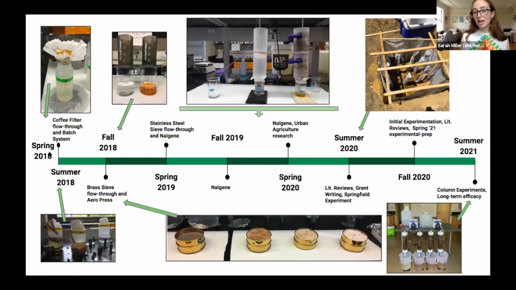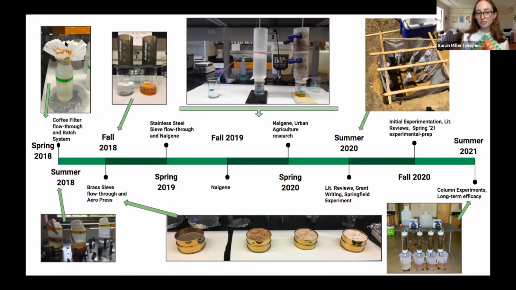This is a timeline of this research. It began as course-based research in an upper level engineering elective course at Smith College with support by Phil Crosby of Fungi Ally, and you can see that it has gone through many different iterations. We began with testing different filtration methods of this runoff.